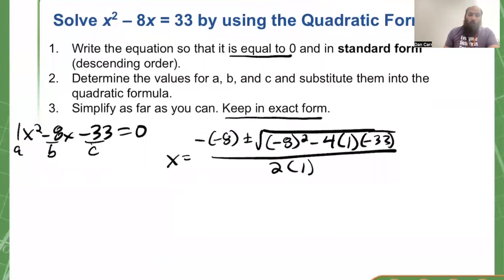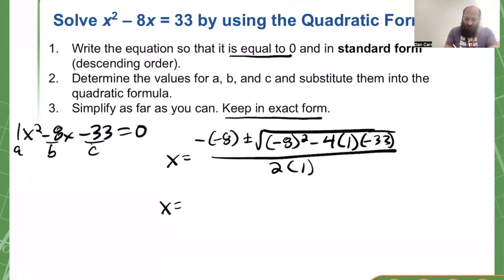So this is just a matter of working through my calculator. If you do this all in your calculator as one big step, great, do it. I'm going to show you step by step how it works so you can see my steps. If you do it in your calculator, this tells me to do it twice. Go through with a positive and then go through again with a negative.